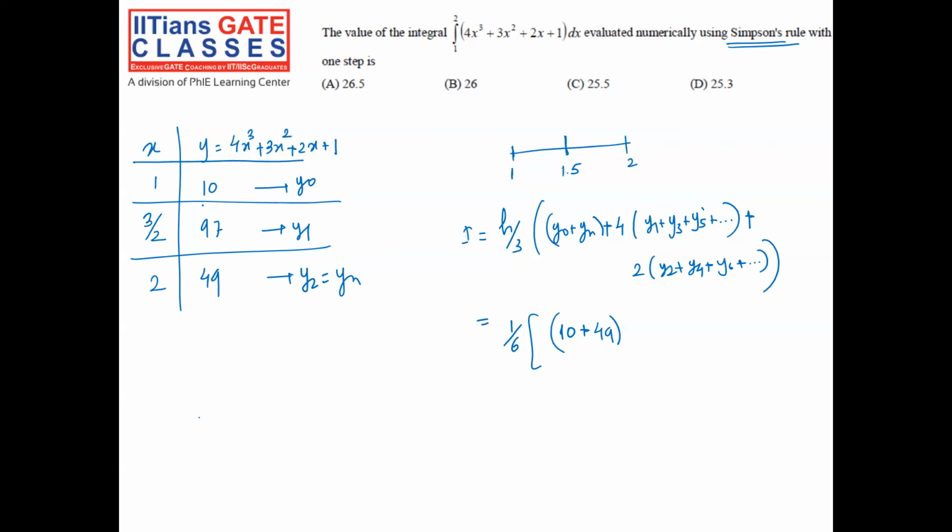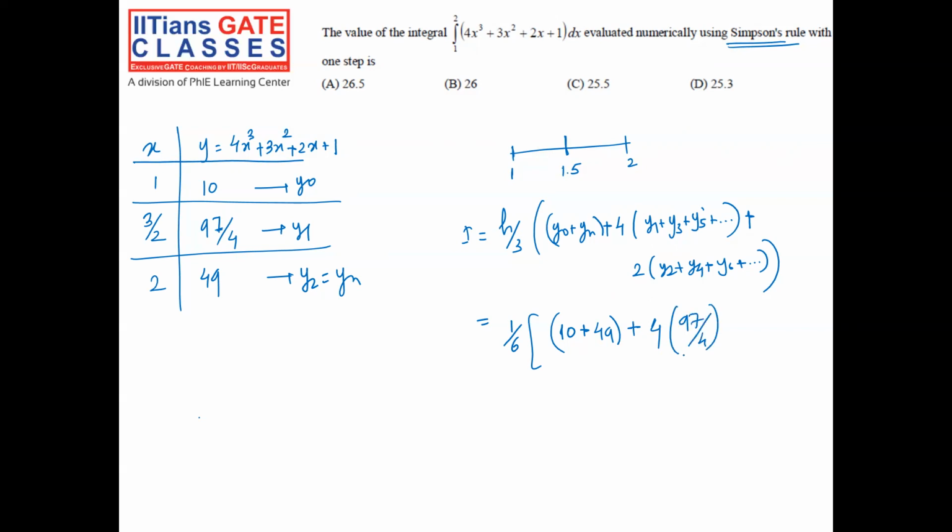Sorry, y1 is 97 by 4 here. Keep 4 as it is, and y1 in this case is 97 by 4.